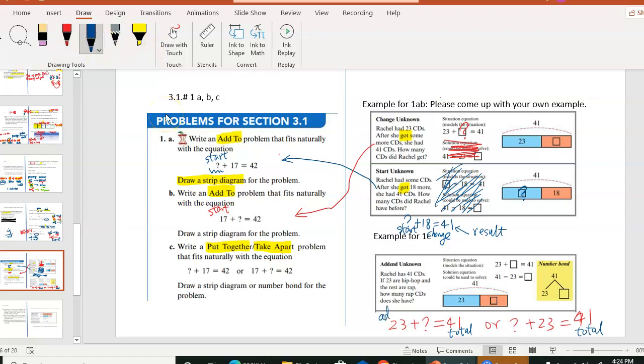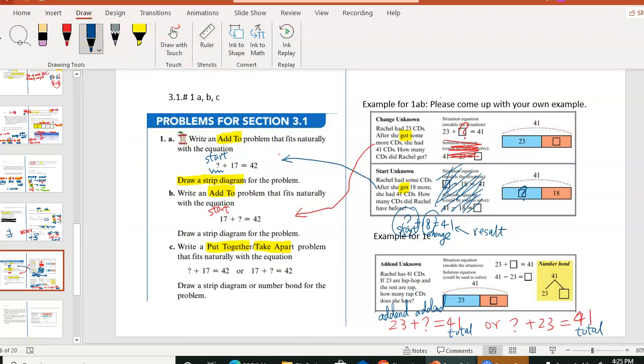So when we name these, we just call them addends. Both of them are called addends, because hip hop or rap, there's not much difference. I'm not talking about it music-wise, but mathematically they are just two categories of numbers. But in the add to problem, these two numbers are different: how many you start with and how many you added.